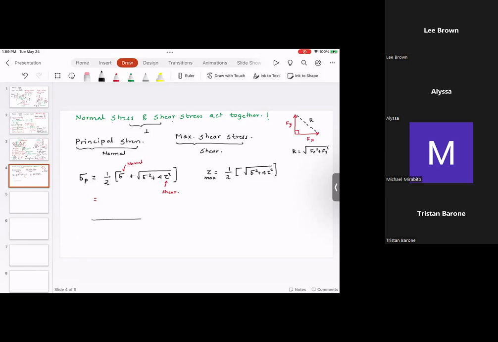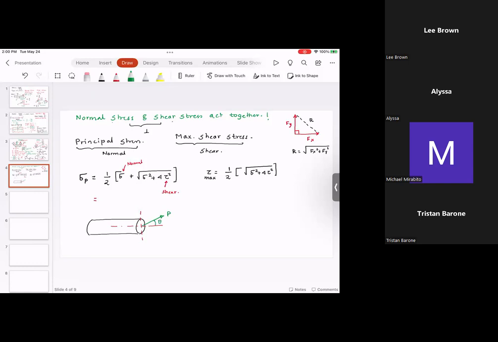Say you have a circular cross section, and on this circular cross section you have some load P. Clearly this load is at angle theta.